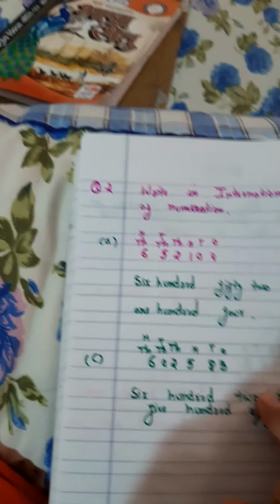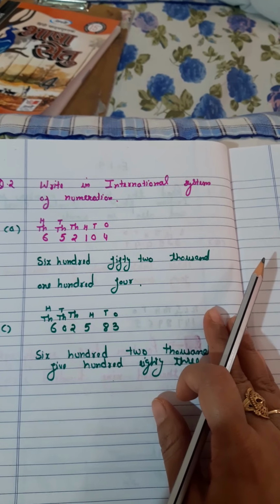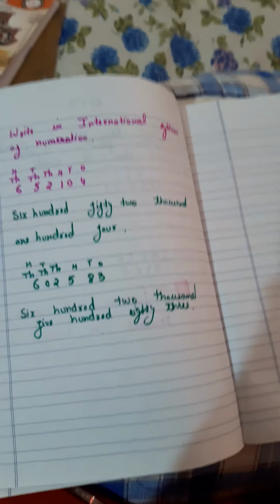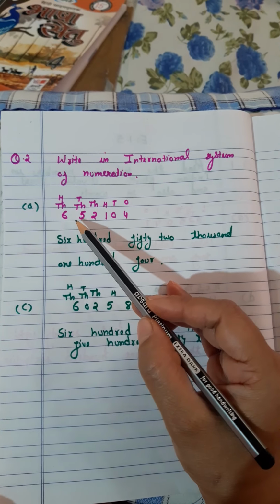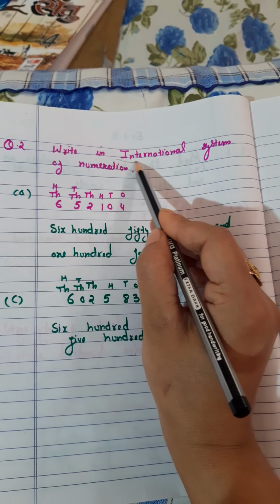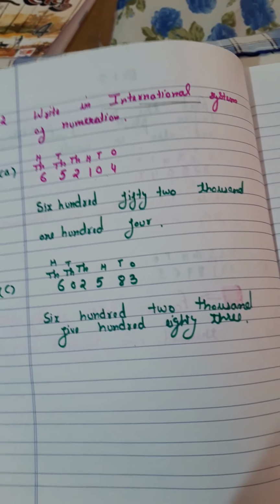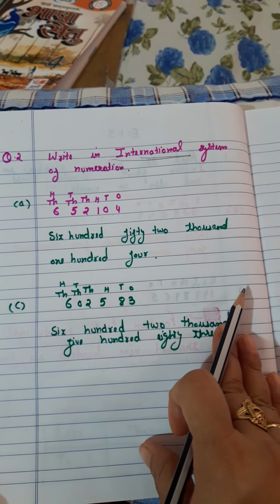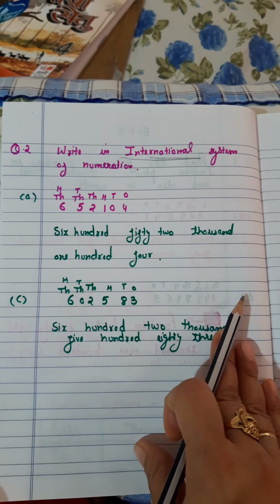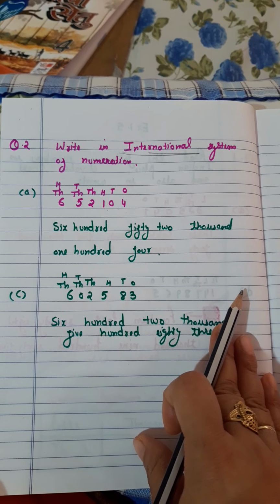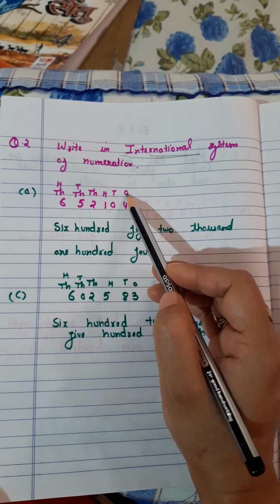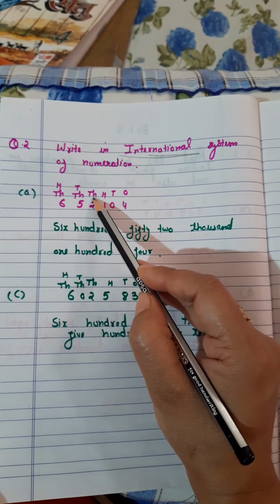Now, the next question, number 2. You have to write the number in the international system of numeration. The number given to us is 652105. Now see carefully. First of all, mark the places: ones, tens, hundreds, thousands and 10,000s.